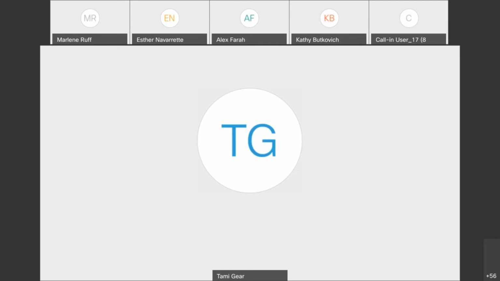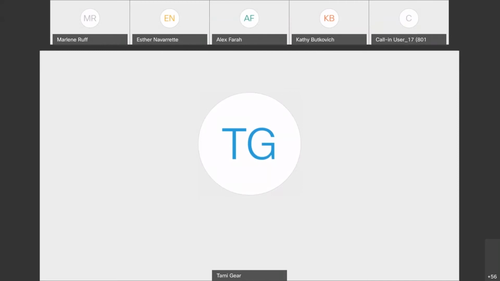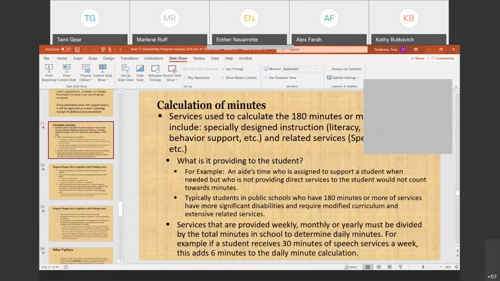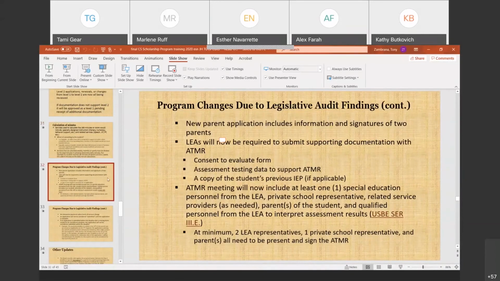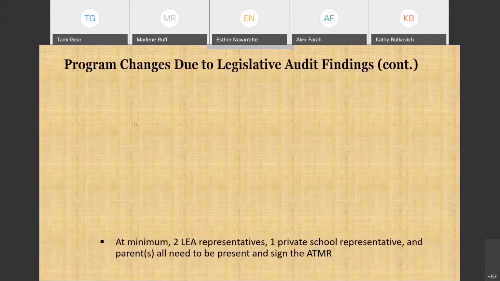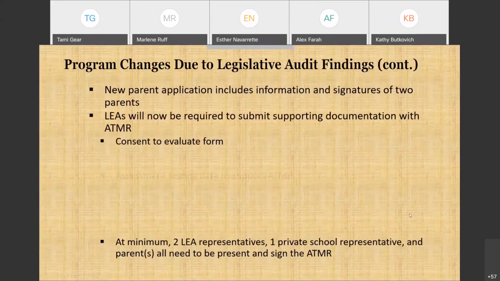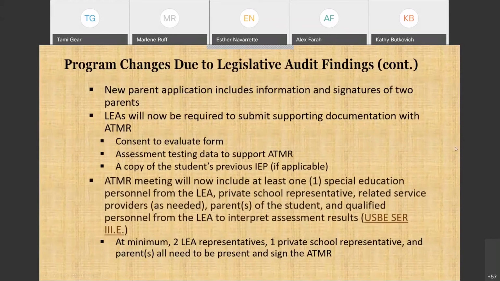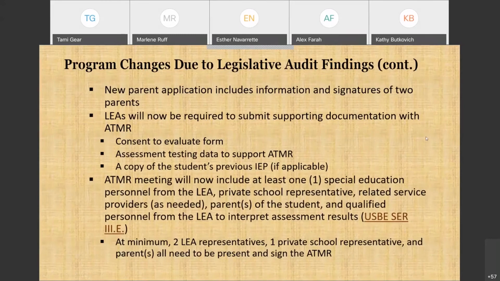Maybe they have some medical things going on that they are missing school because of. Then in that case, they may need some services in the home. If they were in the district, for example, and they were missing school because of medical reasons, especially during COVID, you may find students who are immunocompromised, they can't come to school. So they are missing a lot of school.